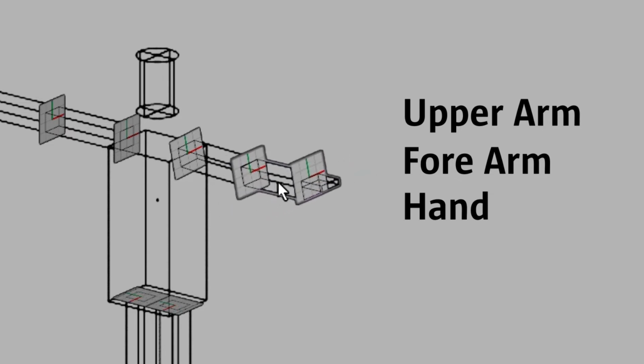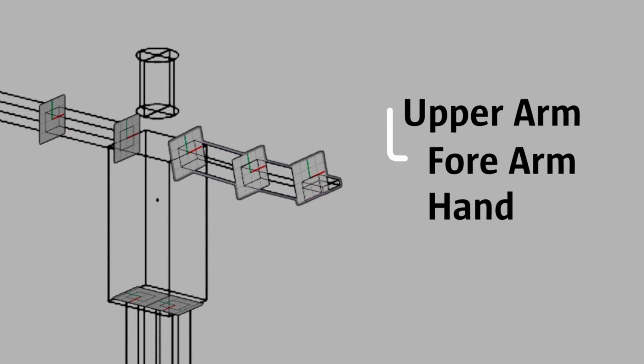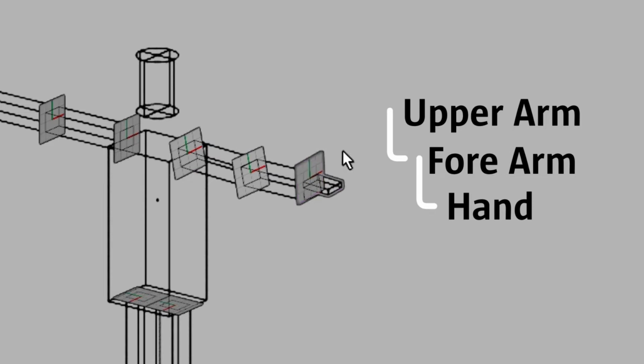So in this structure, we call our upper arm the parent object, and our forearm is a child of it. Likewise, our forearm is the parent of our hand, and the hand is the child object of the forearm. So this is the hierarchy structure of the arm.